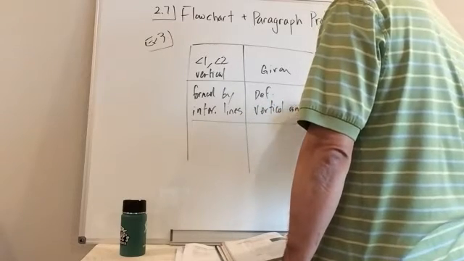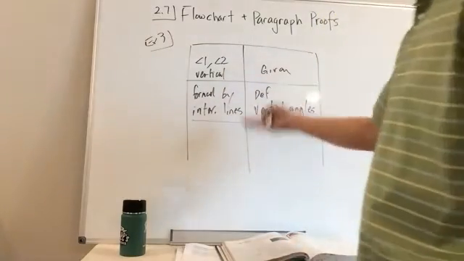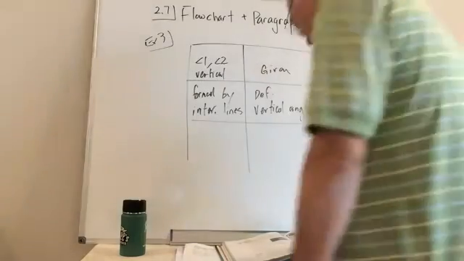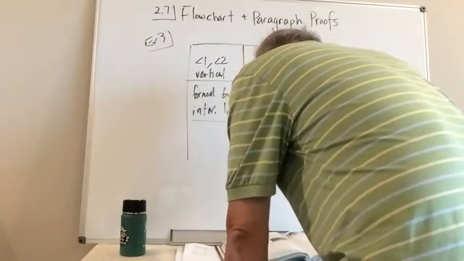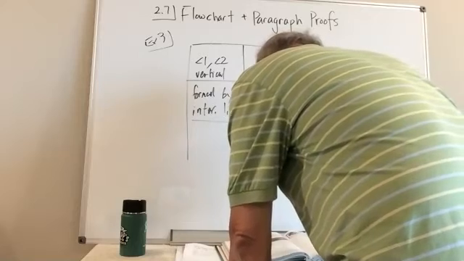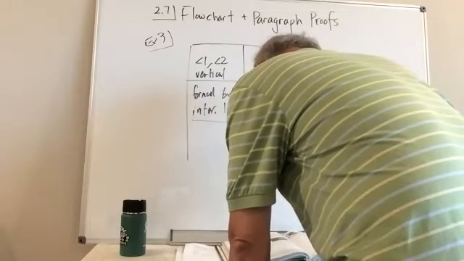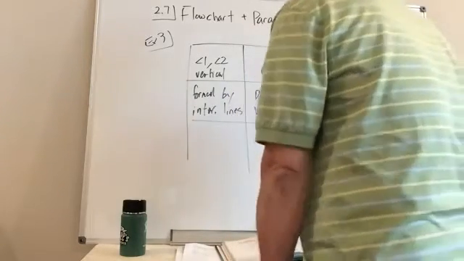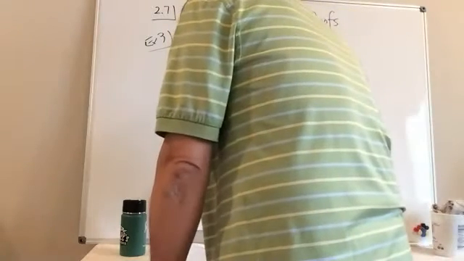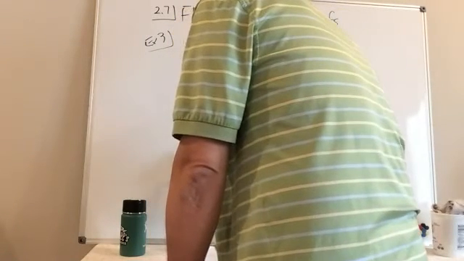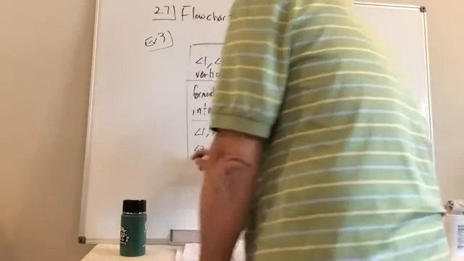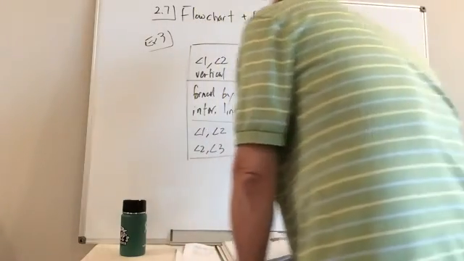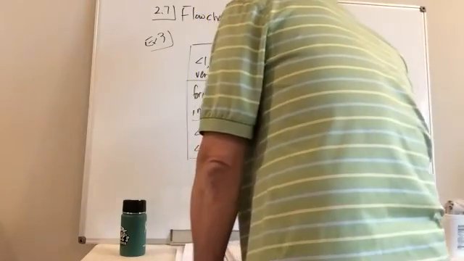Again, I'm just writing down, following the logic that's written in the paragraph. And then it says what? Therefore, angle 1 and angle 2 are a linear pair, and angle 2 and angle 3 are a linear pair, and that is the definition of a linear pair.